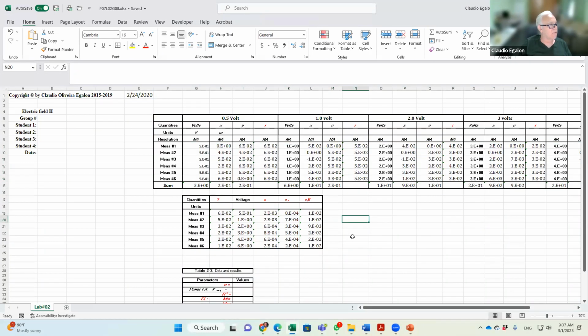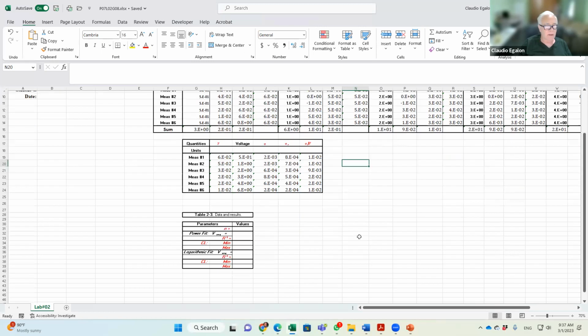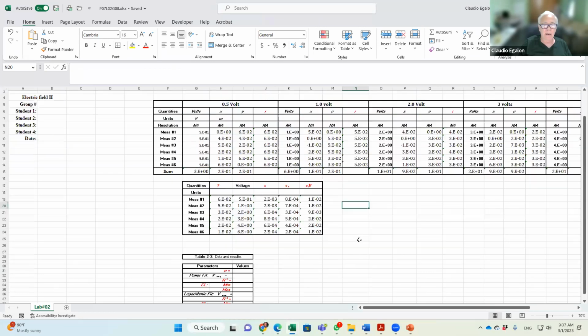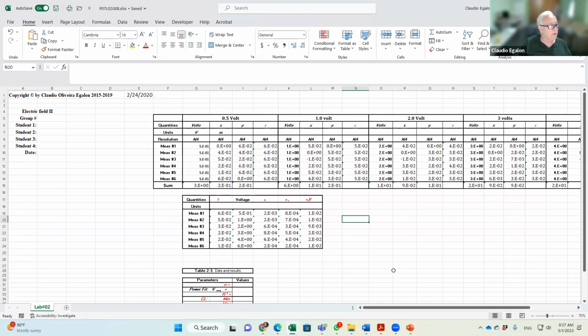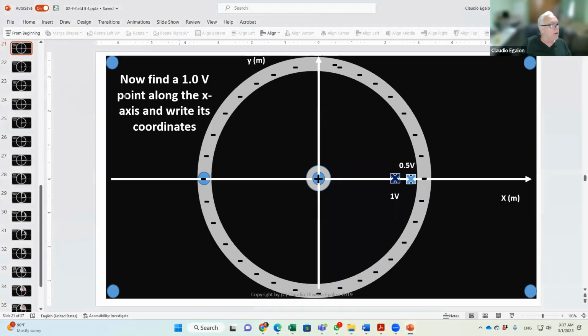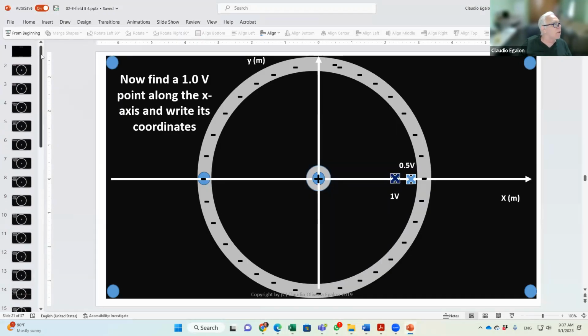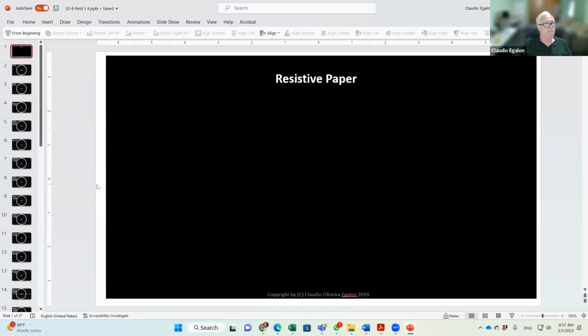That's how the spreadsheet looks. It's similar to what you had before, but the geometry of the system is different. Let's go to the first step. We have this resistive paper, which is a black paper.